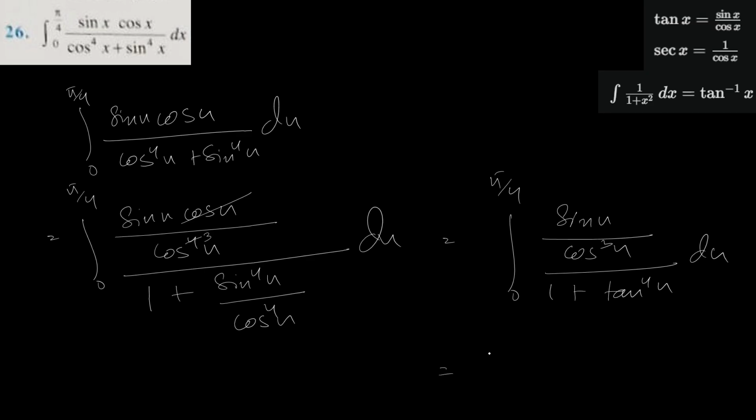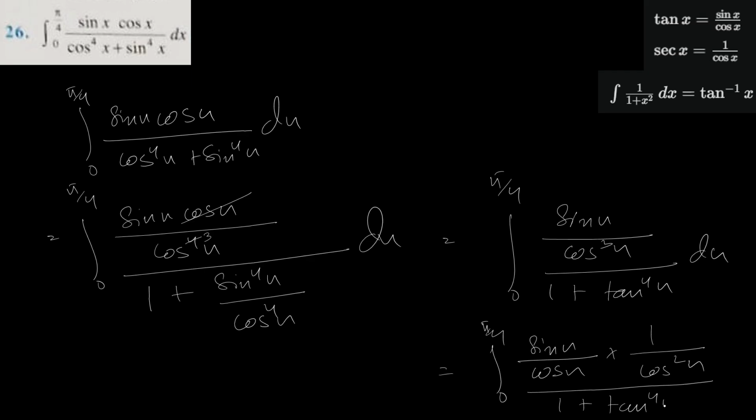This will be equal to the integral from 0 to pi by 4. You see, I can write sin x by cos x into 1 by cos square x, this is cos cube x there, by 1 plus tan x to the power 4, dx.